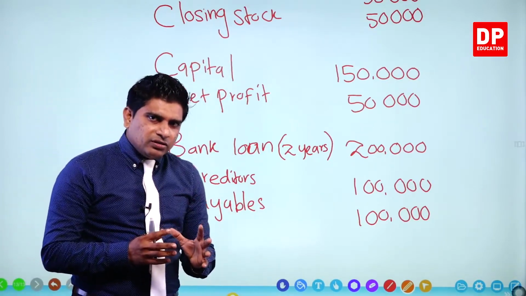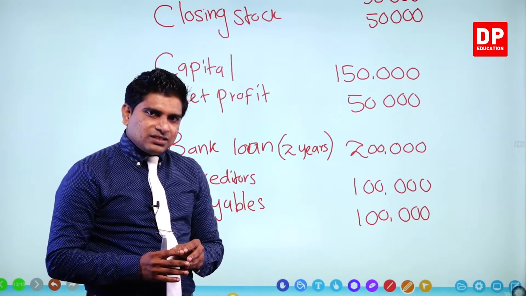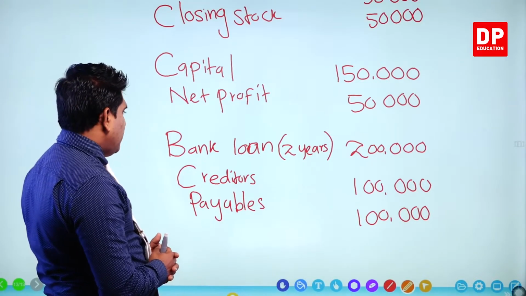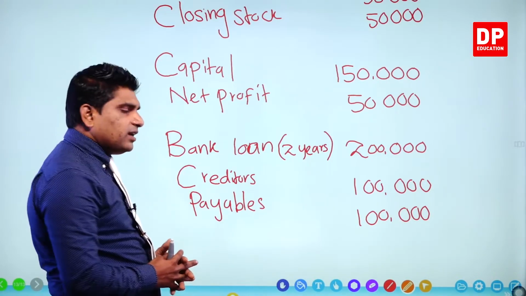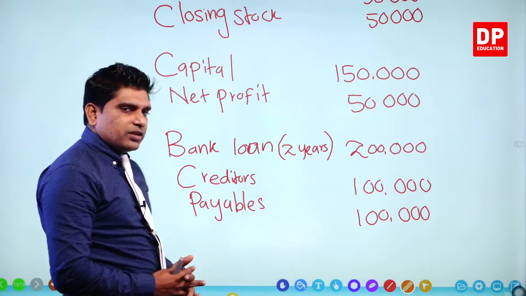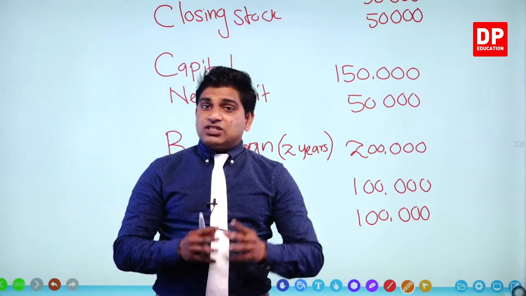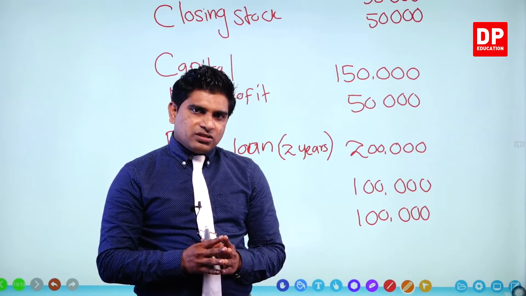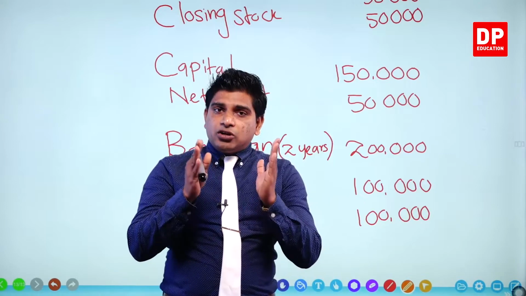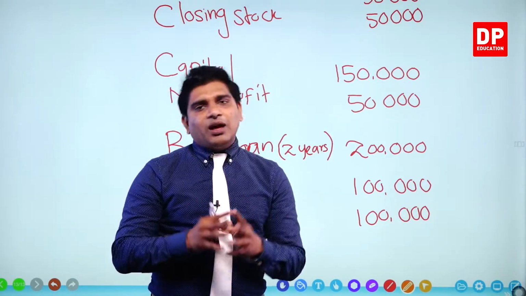Here I have given 2 non-current assets, 2 current assets. Then liabilities are given 1 non-current liability, 2 current liabilities. In addition to these, I have given you capital and net profit. What you want to do now? You have to enter these details in the statement of financial position. You know very well now, according to the accounting equation, your total assets should be equal to capital plus liabilities.